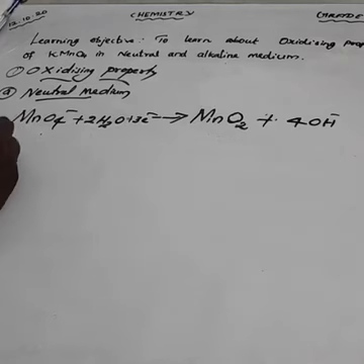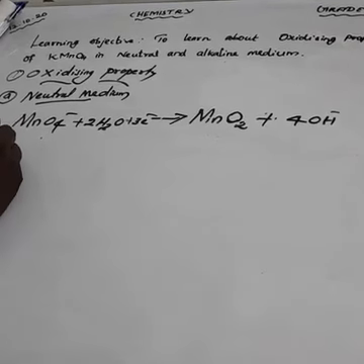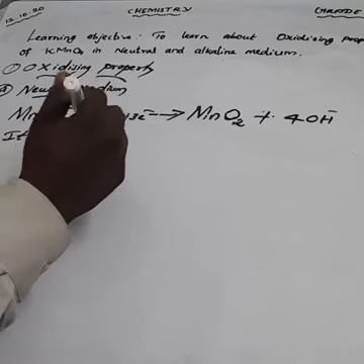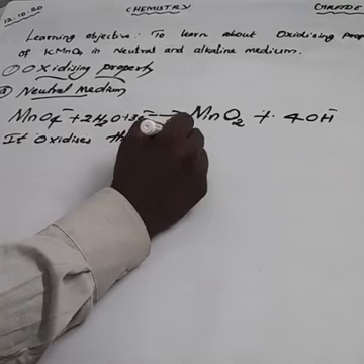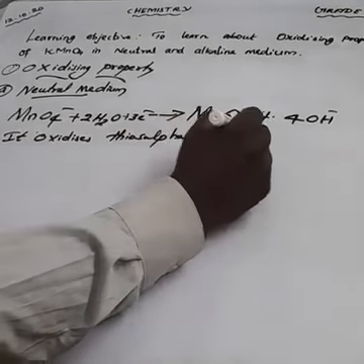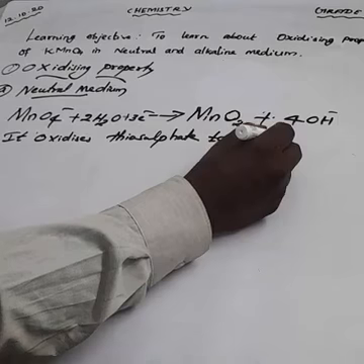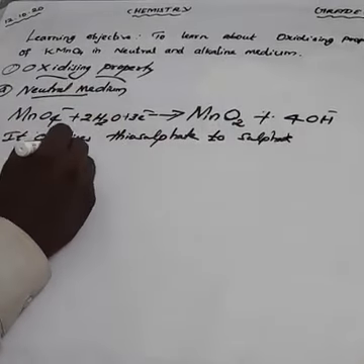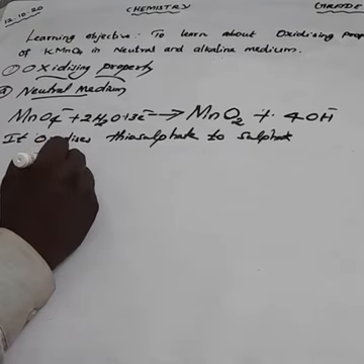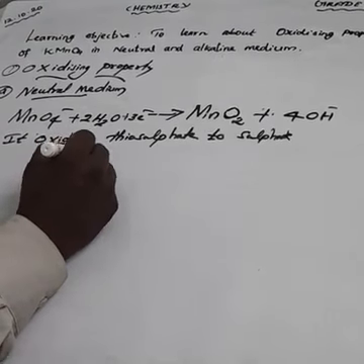It oxidizes thiosulfate to sulfate. Here the molecular formula for thiosulfate is S2O3 2 minus.